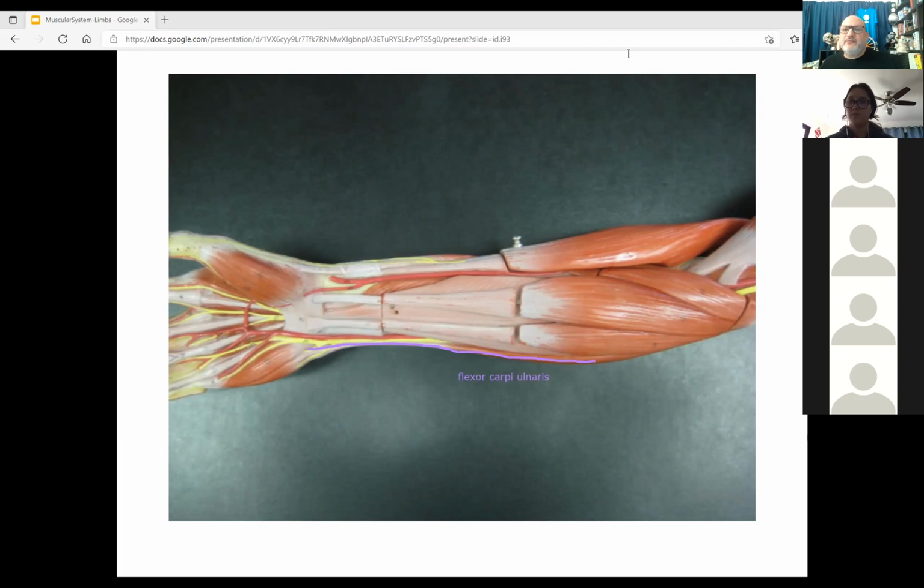Notice our next muscle has a small belly with a very long tendon that goes all the way up to the palm of the hand. What might we call such a muscle? Palmaris longus.